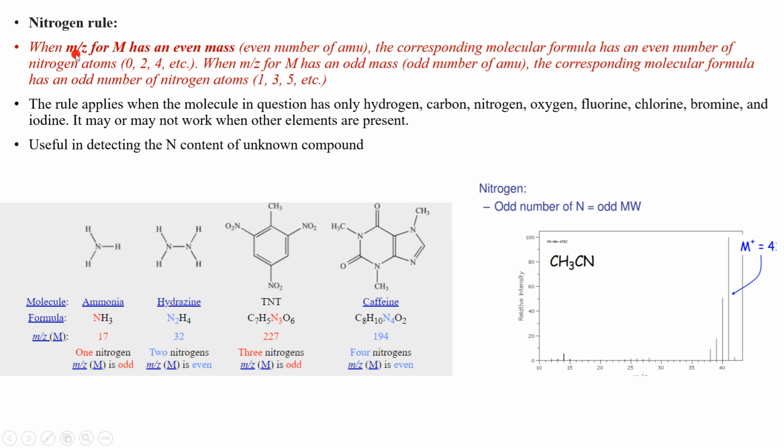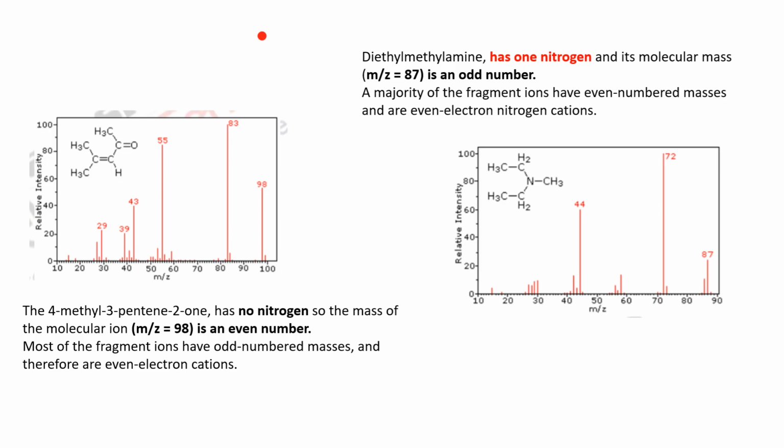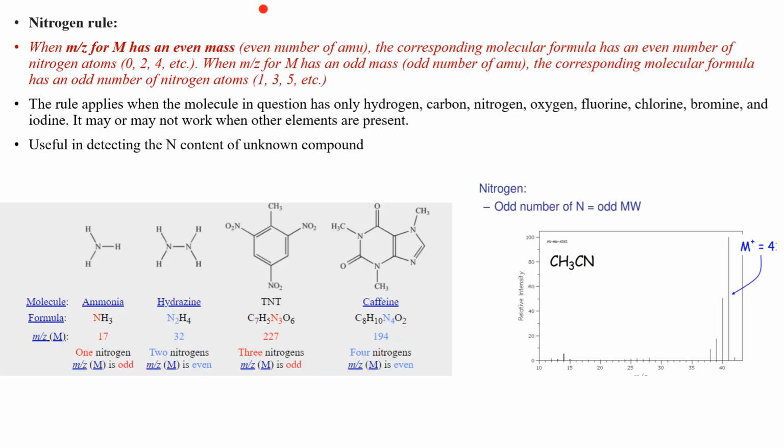If the m/z has an even mass, the molecular formula will have an even number of nitrogens. It may not contain any nitrogen, or it can have 2 or 4 nitrogens. If the mass is odd, it will have an odd number of nitrogens.